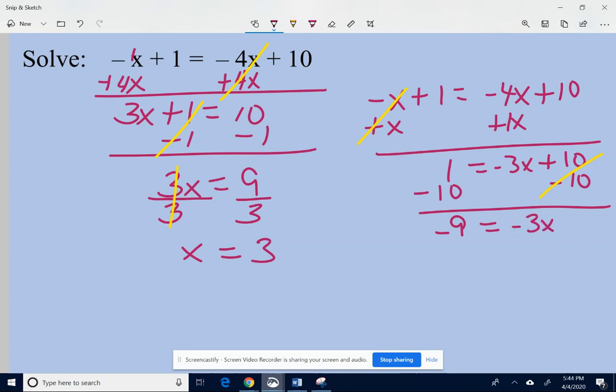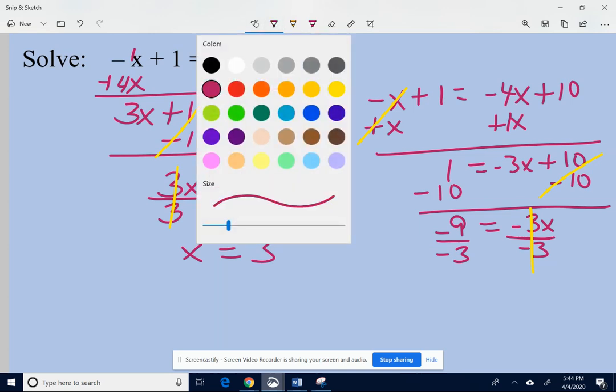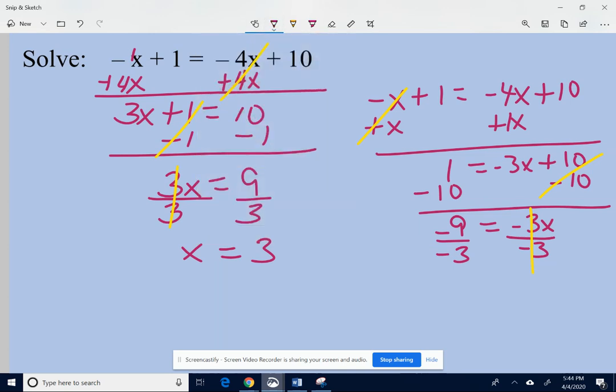Negative 3x on the right, because 10 minus 10 goes away because it's 0. So we have negative 9 equals negative 3x. Dividing by negative 3. Okay, negative 9 divided by negative 3 is 3. So the answer is the same.